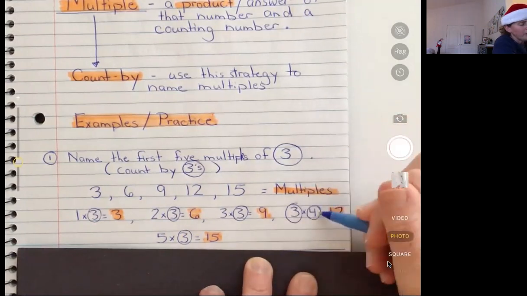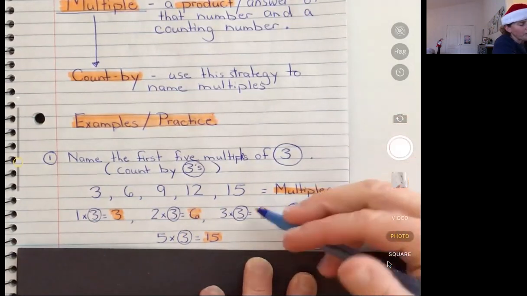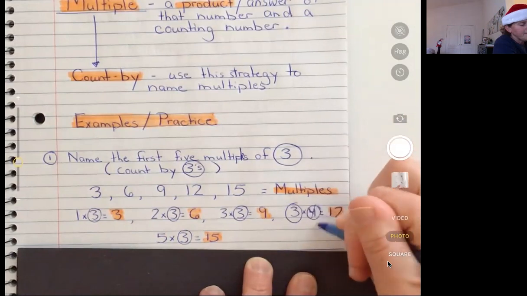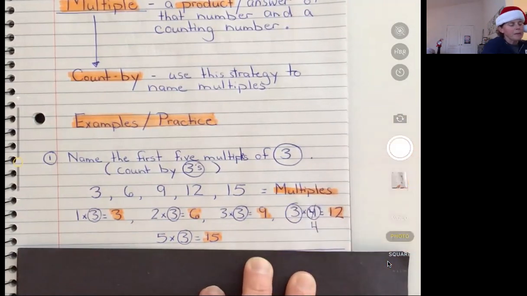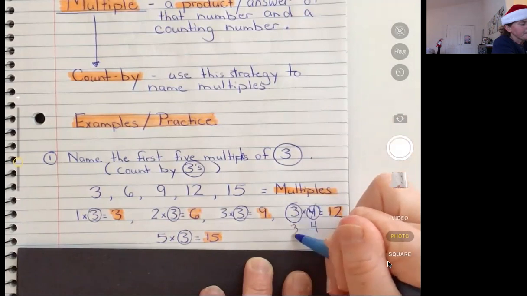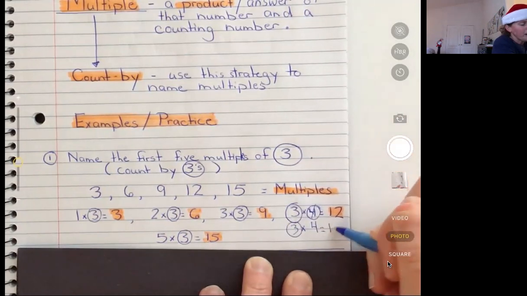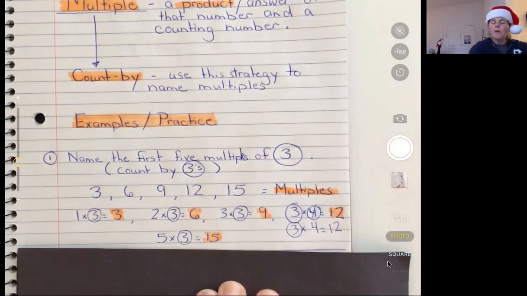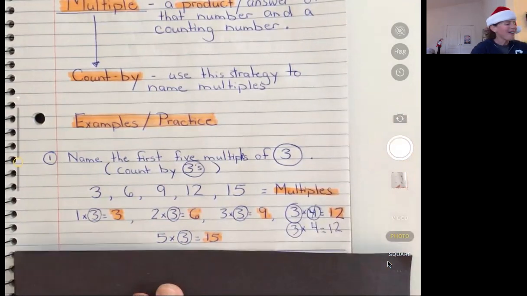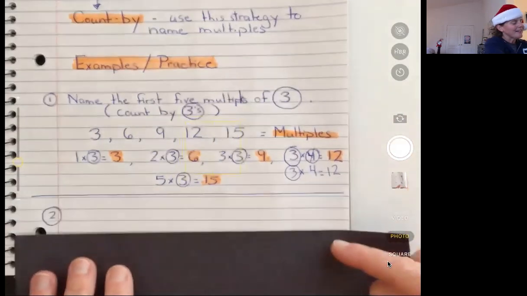I apologize. I sort of wrote it in the wrong order. This one threw me off. It is still 3 times 4, and the multiple is 12. Sorry about that. Hopefully you caught that though. All right, let's practice another one.